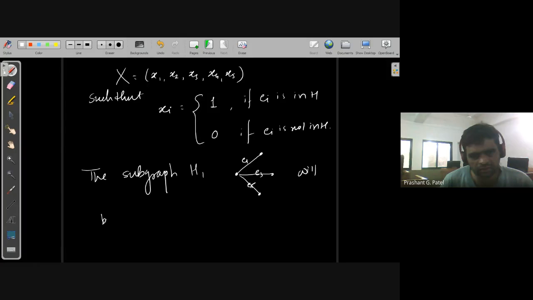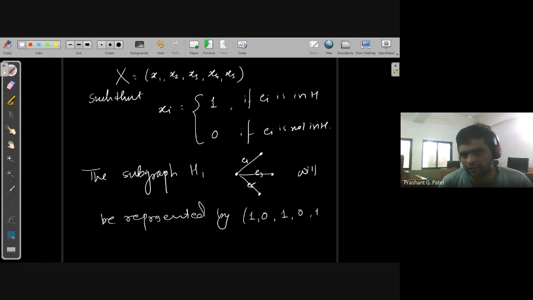It will be represented by the 5 tuple. X1, the edge E1, is there in H1, so that is 1. E2, that is X2, is not in H, so that is 0. E3 exists in H, so that is again 1. E4 is not, and E5 is there. So this H1 can be represented in this 5 tuple.